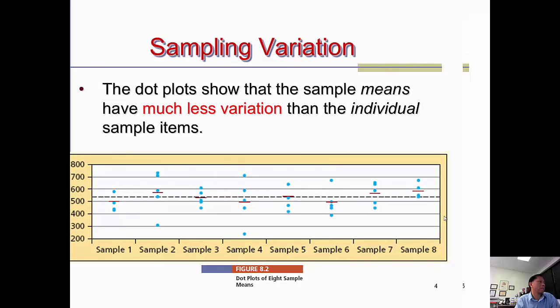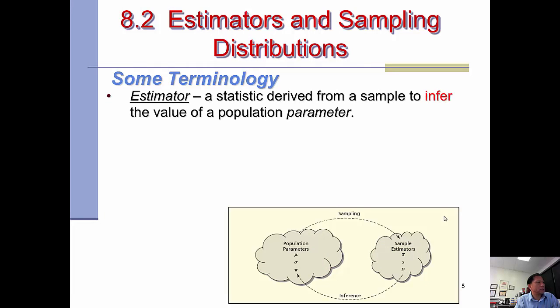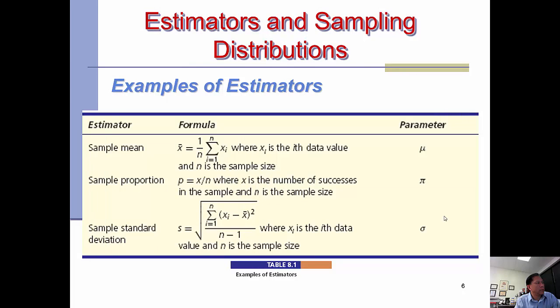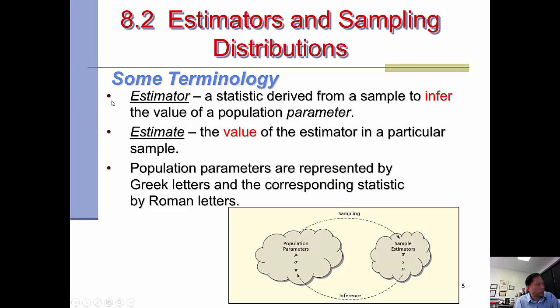Okay. Now, there are some terminologies about estimators and sampling distributions. An estimator is a statistic derived from a sample to infer the value of a population parameter. That's the estimator. We use something from a sample to tell about the population.